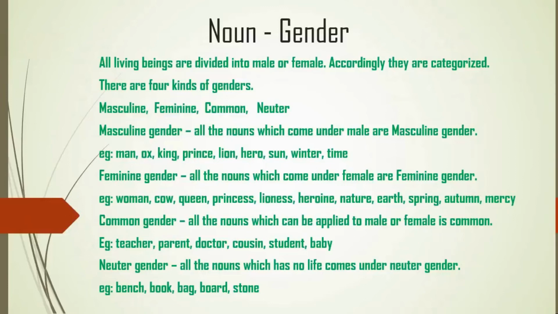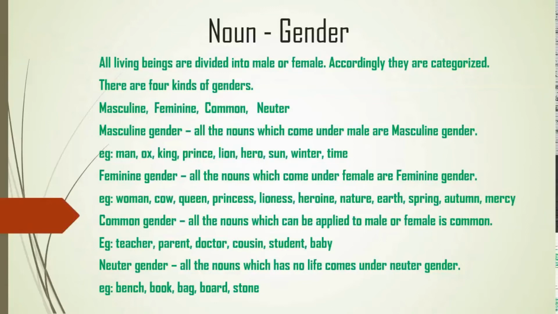But if you go in depth, you can understand that nature has a lot of patience. She is the giver. Like that, a woman or female is also the giver, the nurturer, she is known for enduring. So all these qualities are also found in nature. That's the reason it comes under feminine gender.